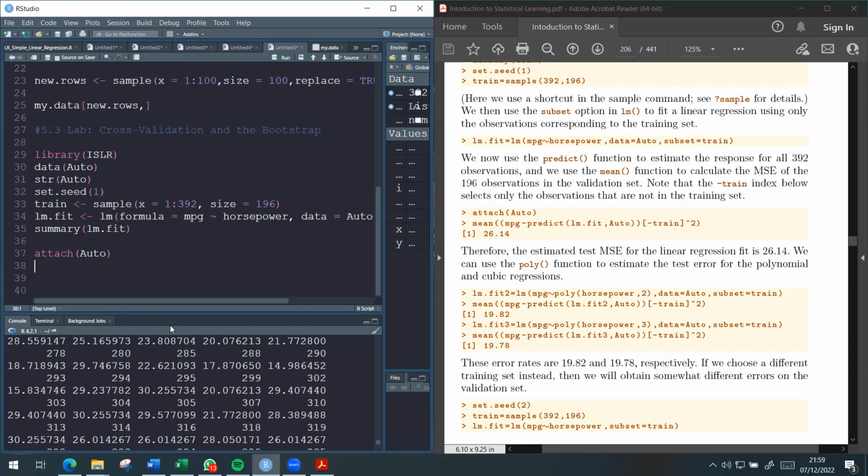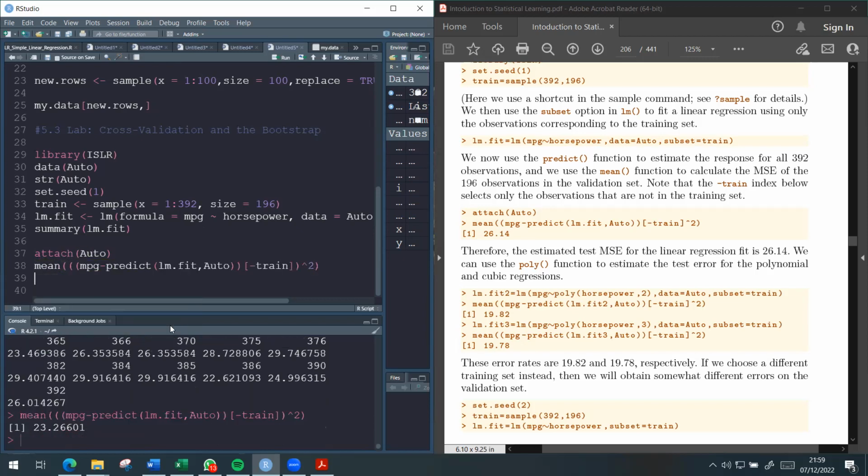You also square it. And then you take the mean of all these values. Yeah, in fact, we don't agree with the book. So there's something wrong over here.